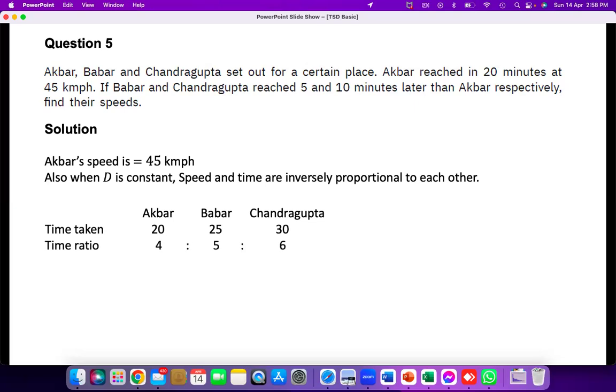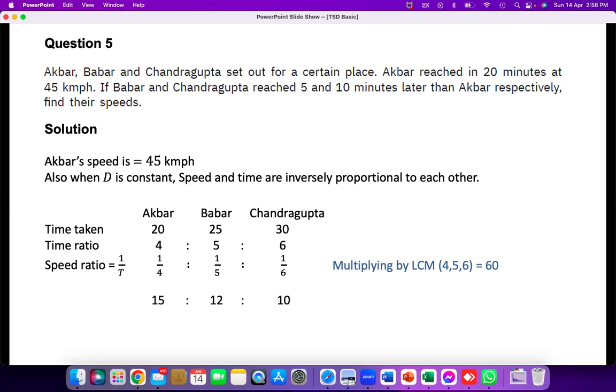You just simplify, you get the ratio 4:5:6. Speed ratio 1 by 4, 1 by 5, and 1 by 6, because it is inversely proportional to time. Multiply by LCM of 4, 5, and 6, that is 60. You will get the ratio 15, 12, and 10.